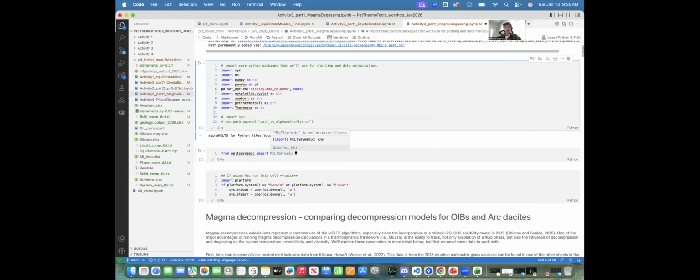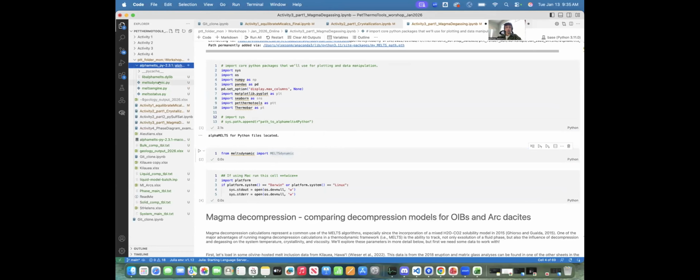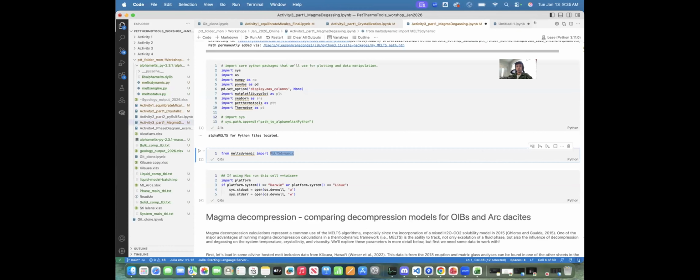So yeah, this is basically the melts dynamic file, which I could open up briefly. This is where a lot of Paula's magic happens. It's the underlying file that really runs alphaMELTS for Python, essentially. So we're just trying to say, can we import this class from this file?